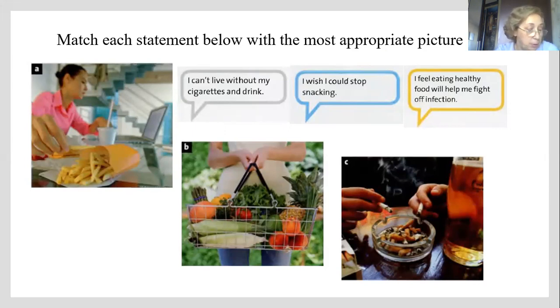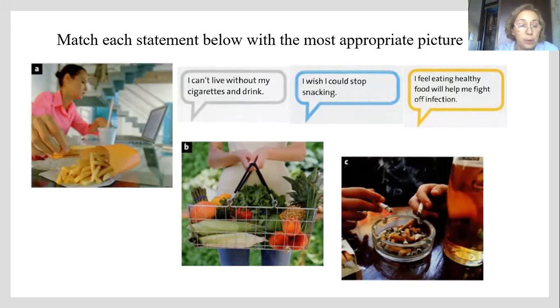The first statement, Aman, will you read it? I can't live without my cigarettes and drink. It represents the C image in which we can see a cigarette placed in a glass bowl and a glass of beer on the right side. Yes, you're right about this.